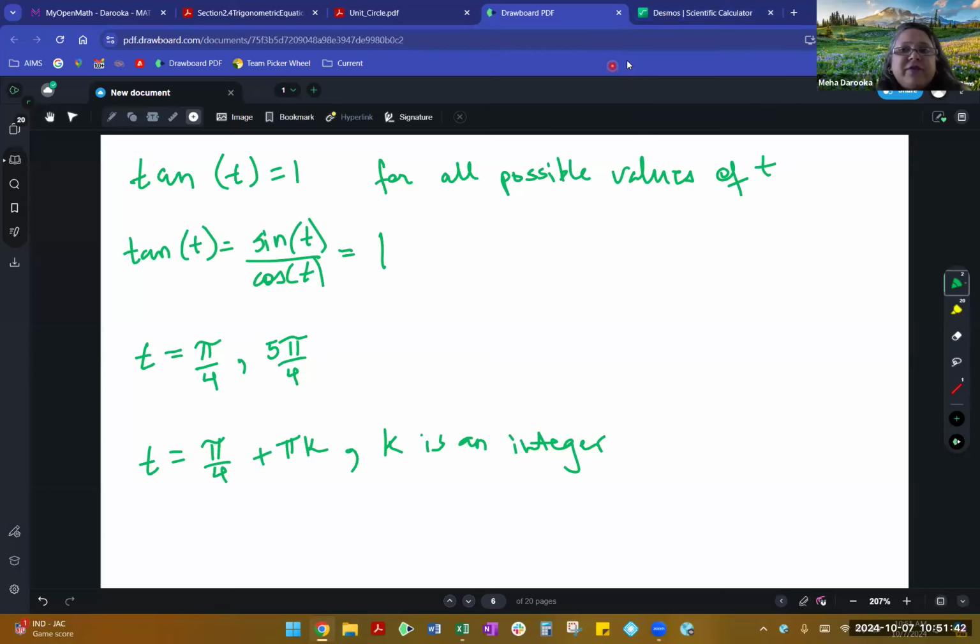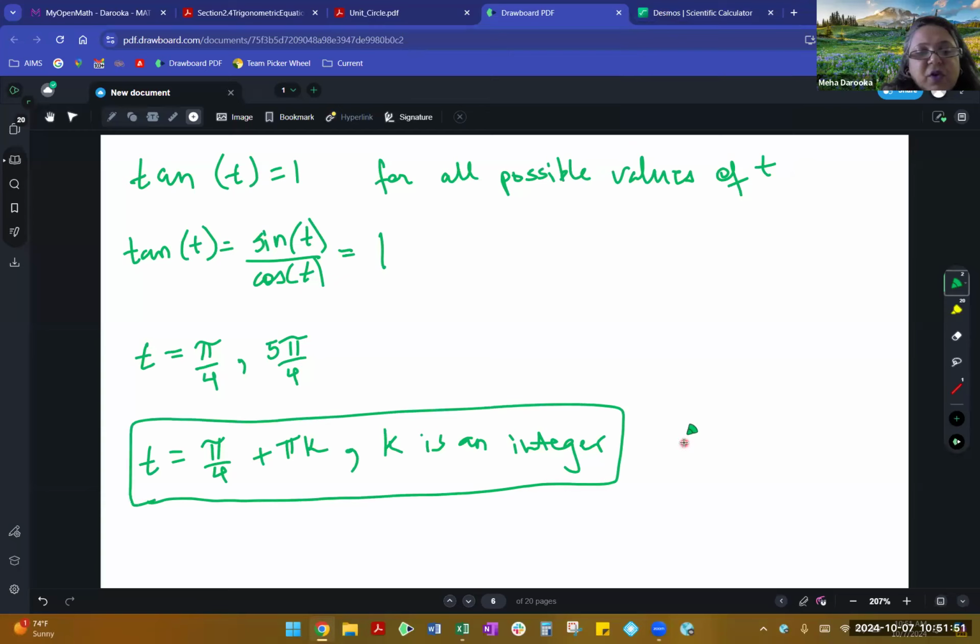So you don't have to write out 5 pi over 4 separately, because it is part of this answer over here. So yeah, just one angle. This is just from our unit circle that we had come up with these two. But when you write out your answer, that automatically is taken care of.